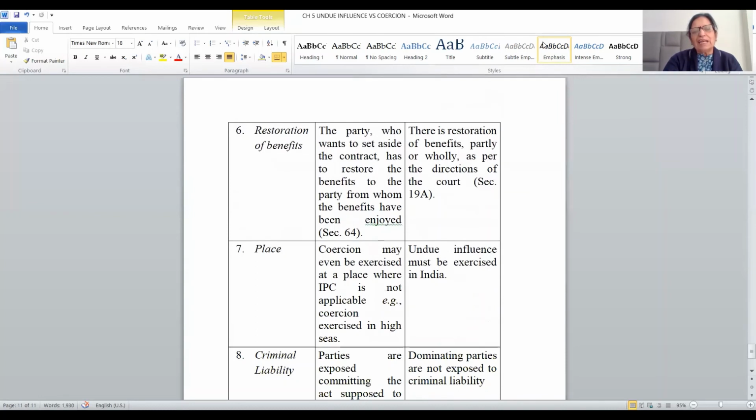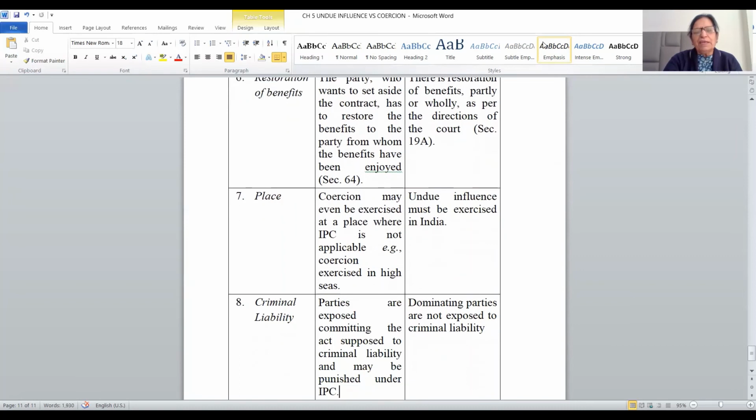Seventh point is coercion may even be exercised at a place where IPC is not applicable. I took the example in lecture 1 regarding the high seas. At high seas, IPC is not applicable. But undue influence must be exercised in India. And now the last is criminal liability.